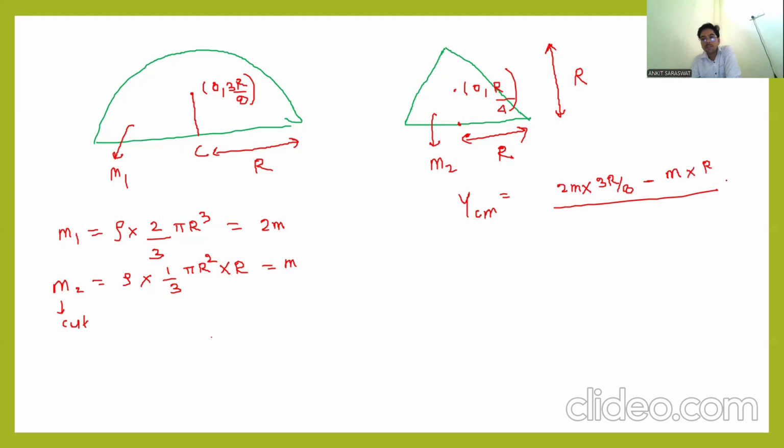Same formula, m1 y1 minus m2 y2, it is direct. Okay, m1 y1 minus m2 y2, because what is YCM? YCM is weighted average by total number of observation. Now we have cut that portion. That's why we will use m1 y1 minus m2 y2. Clear?